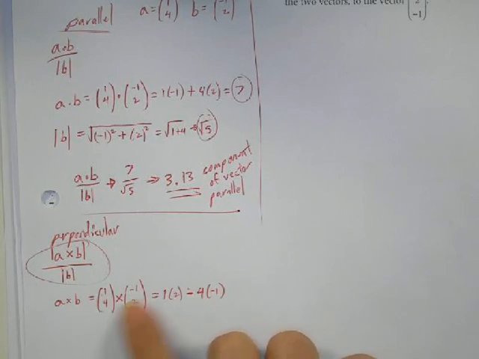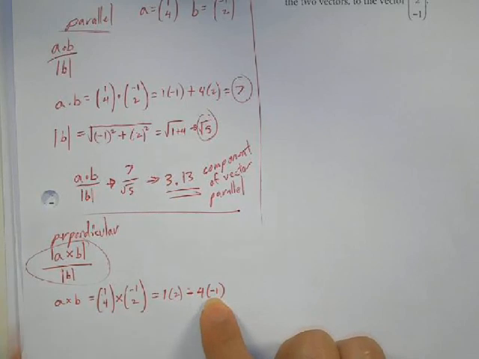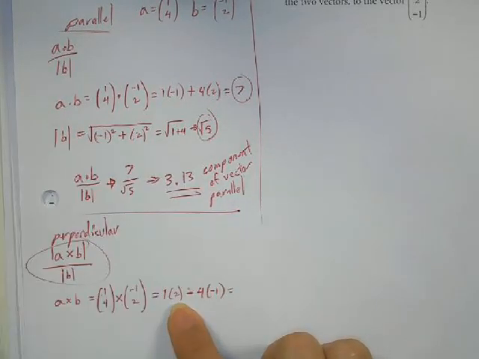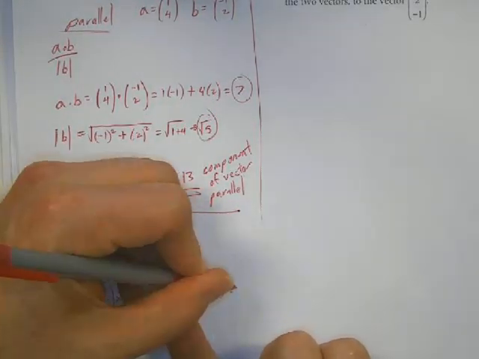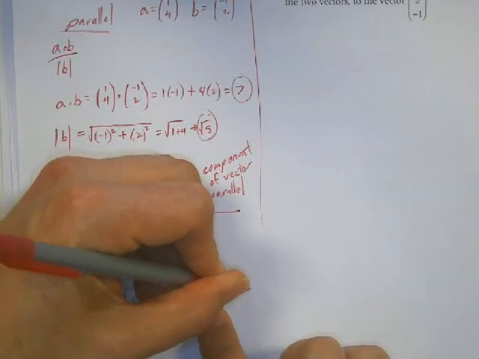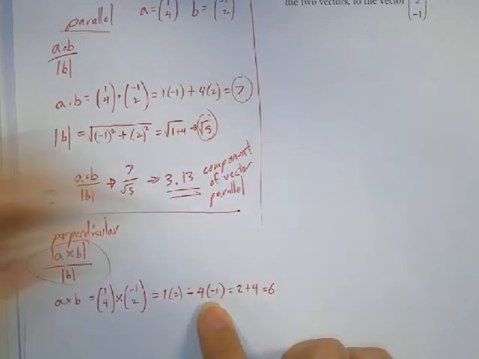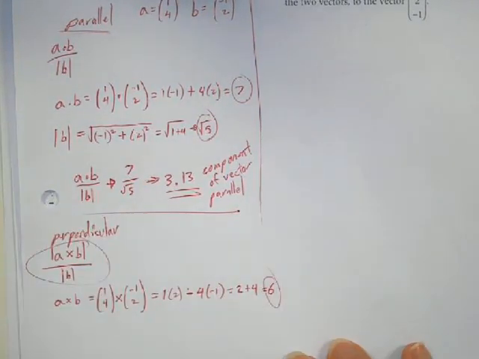Oh wait, 4 times negative 1. Okay, let's do some arithmetic. That gives me 2 plus 4, which gives me 6.